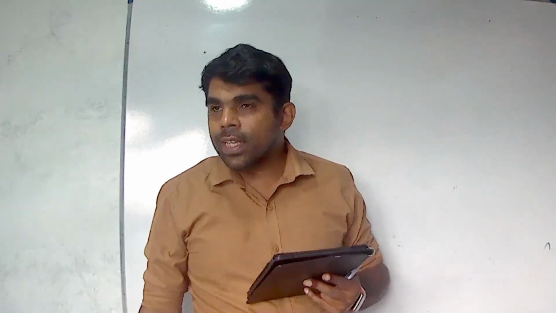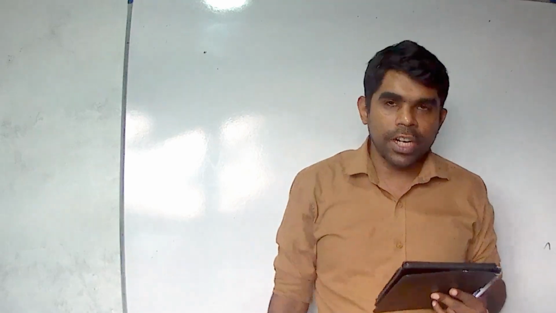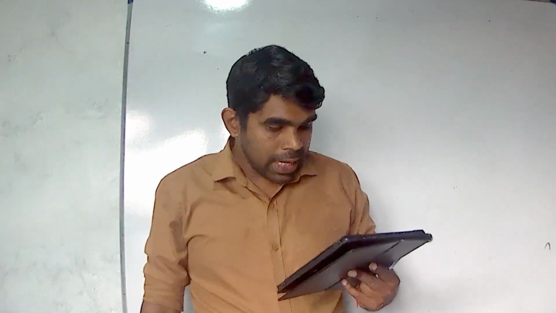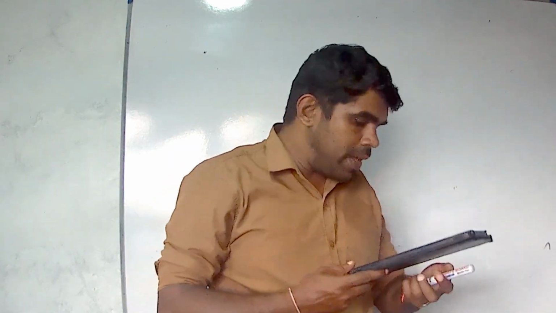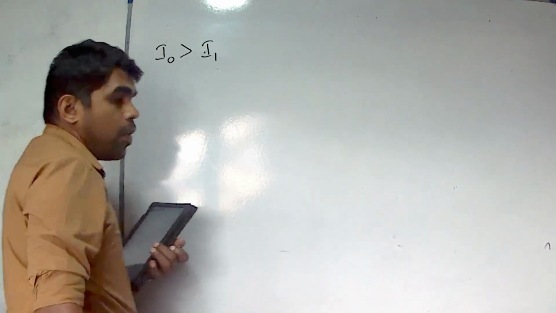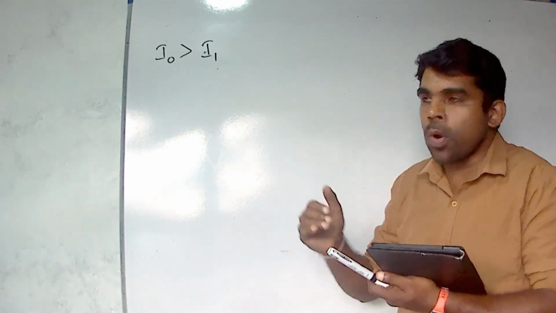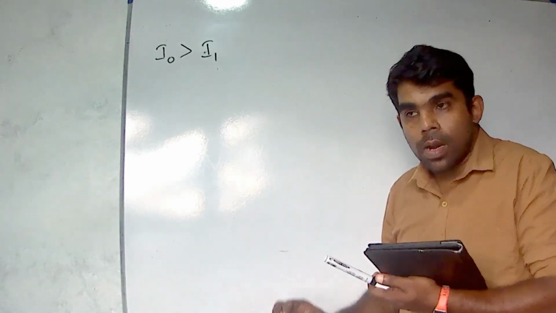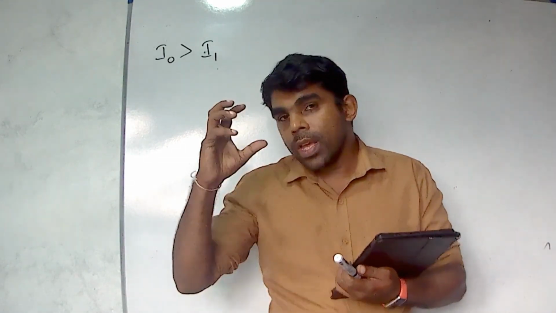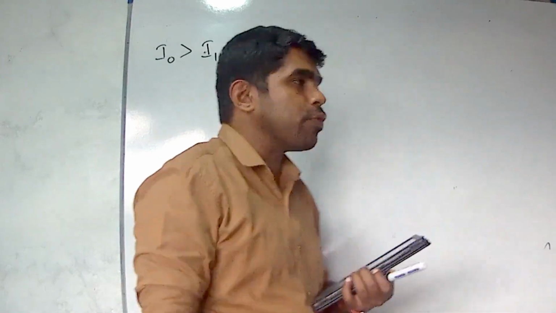First of all, we have to understand that when bending his hands, the moment of inertia is decreasing because the mass spread is decreasing. Then I1 should be less than I0. When decreasing the moment of inertia of a system without any external unbalanced torque, its angular velocity should increase because we have to use the conservation of angular momentum.